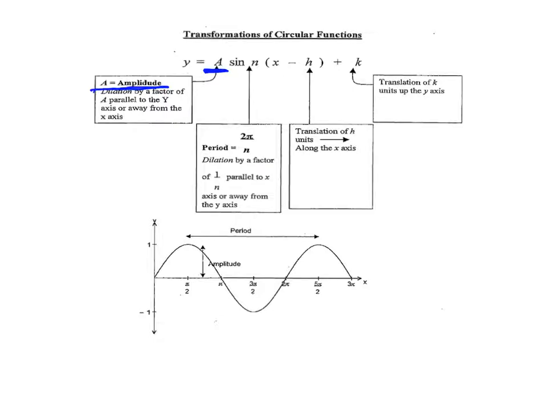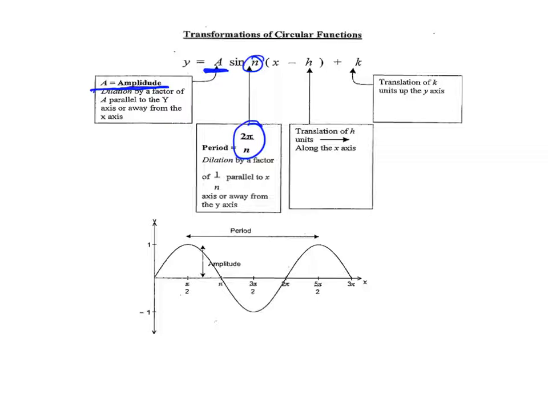The value between the sine and the x, so this value n, is not something that we read off straight away. We need to use it and divide it into 2 pi to find what the period of the graph is. So 2 pi on n is the period of the graph.